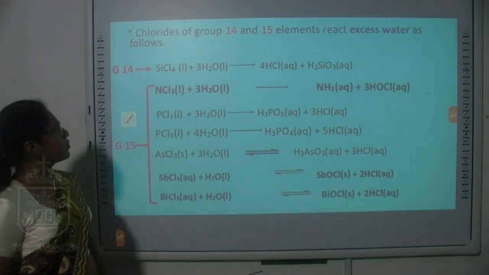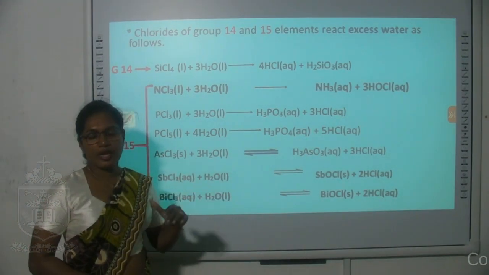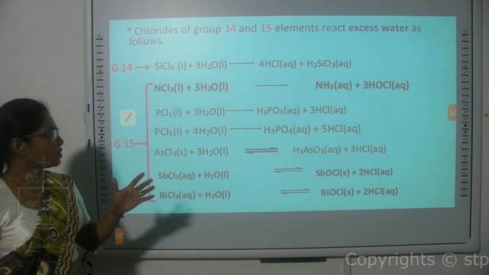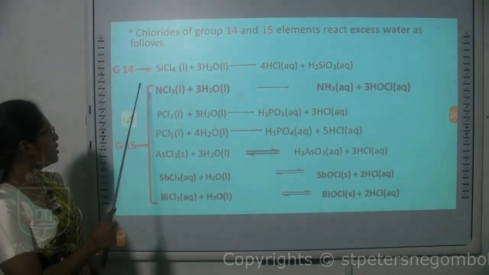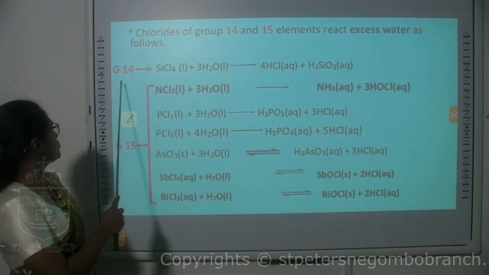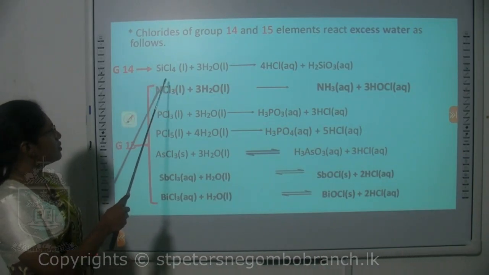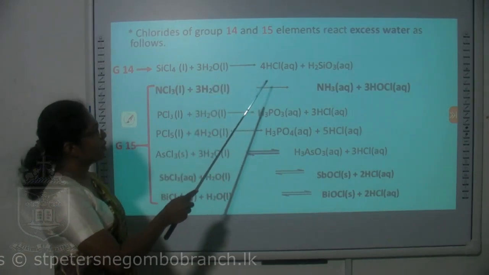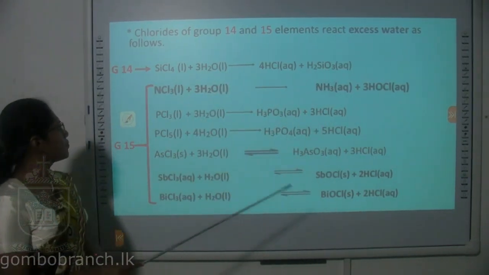Now, how do these elements react with excess water? If we use excess water, the products are different. Here I have shown you the group 14 element silicon: silicon tetrachloride reacts with water and forms HCl and H2SiO3.